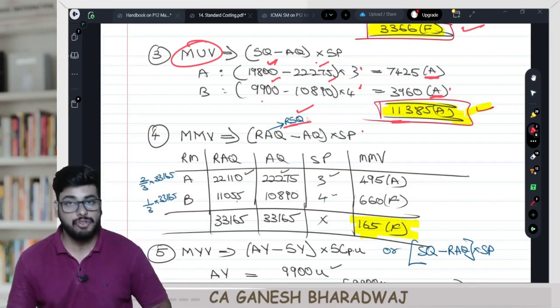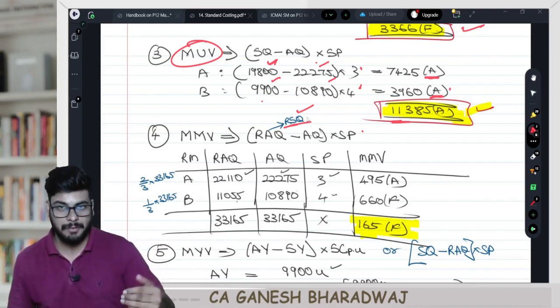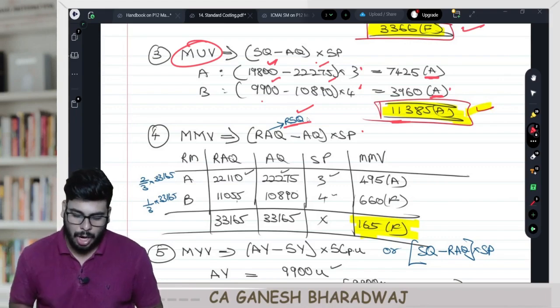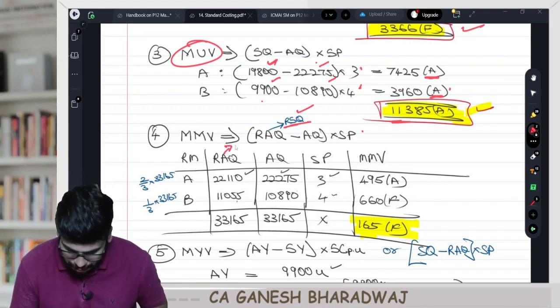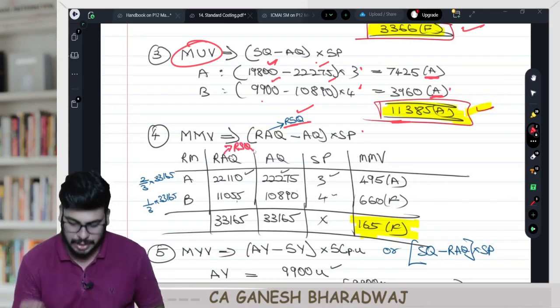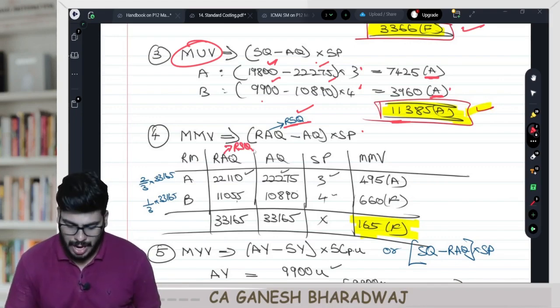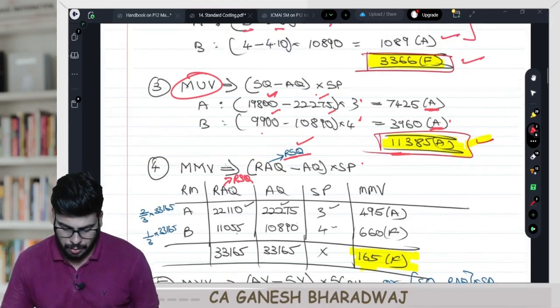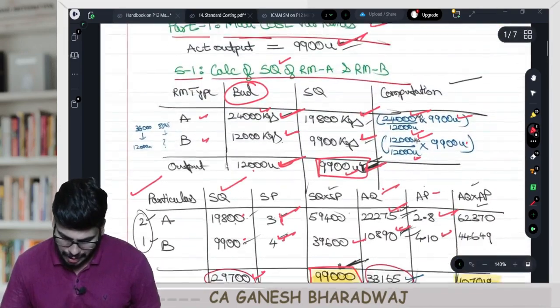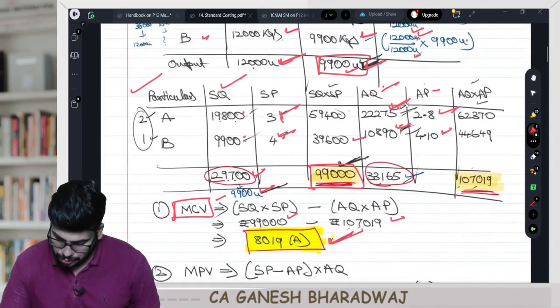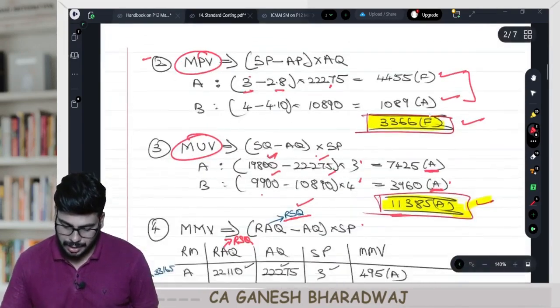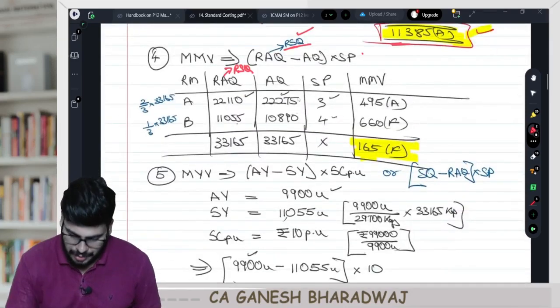So now how would you do this? This is what I said I will explain when we are doing the numerical problem. Now, how will you arrive at this? This RAQ is nothing but revised standard quantity, guys. Now, what you need to do, actual quantity. How much is the actual quantity? We have the figures here. The actual quantity is 22,275 and 10,890. First, you need to fill this column, right?